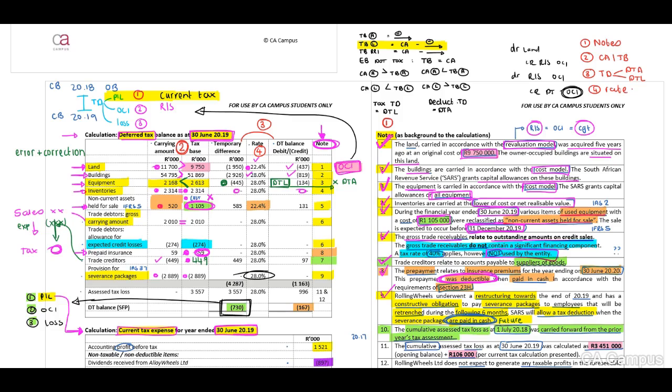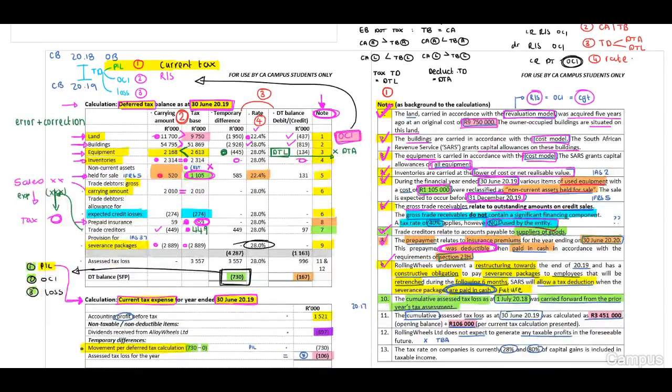Guys, I can't really see an error with that one though, hey? Because when we have tax losses, we can utilize this in the current year, except the fact that they've indicated to us in note 12 that it does not expect to generate any taxable profits in the foreseeable future. Therefore, we can use the tax loss.